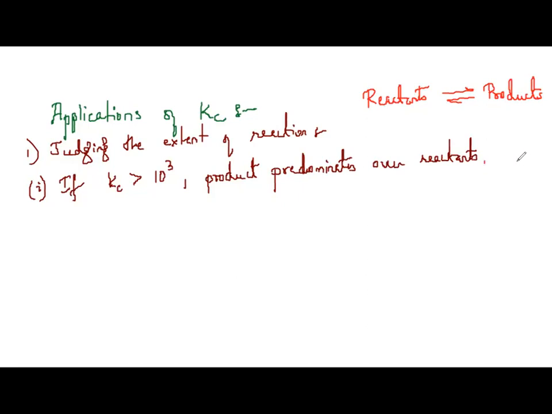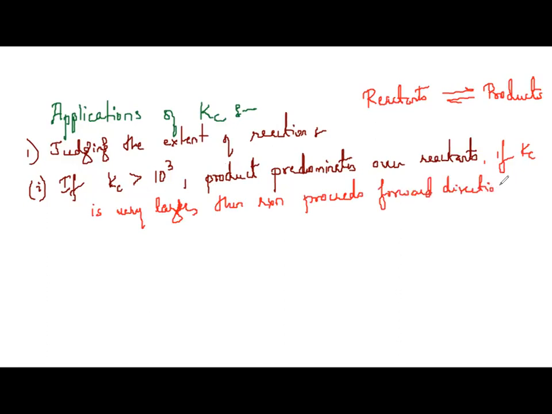Therefore, if Kc is very large, that is Kc is more than 10 raised to 3, then the reaction proceeds in the forward direction largely, or you can say the reaction proceeds almost to completion. First point. Is that understood? So if Kc is very large, product predominates, so it proceeds almost to completion.